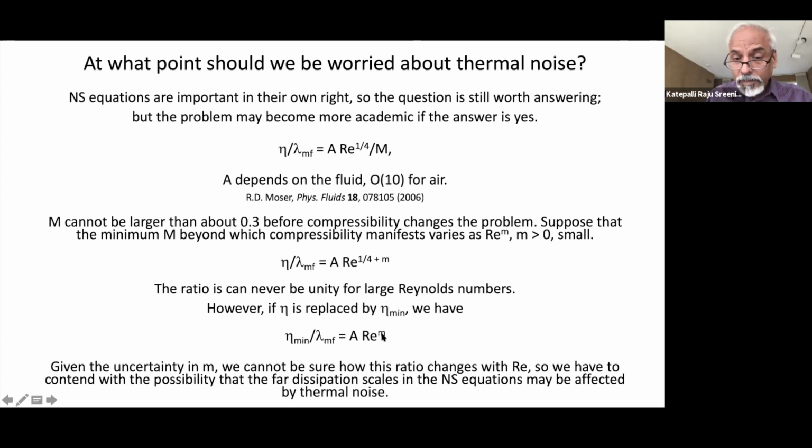So if in fact m is 0, then it says that the minimum length scale in the flow, which is appropriate to the very highest order structure functions, then basically I have to worry about the thermal noise somehow, and the Navier-Stokes equations may in fact be affected by it. But just remember that this eta minimum is the very end of the tail end of the spectrum, beyond which there is nothing, so to speak.